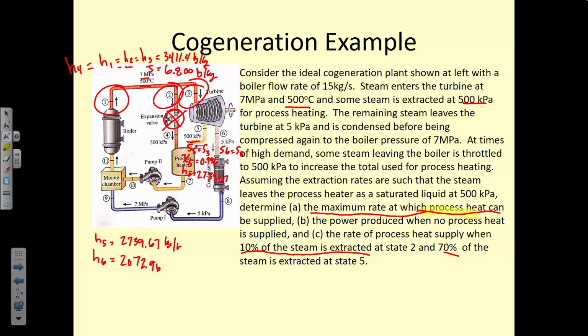These are both kilojoules per kilogram. And we found X6 also is 0.799. Okay, state 7, we know that its pressure is 500 kilopascals and X is equal to 0, so H7 is equal to 640.09. So it's H sub F at 500 kilopascals.